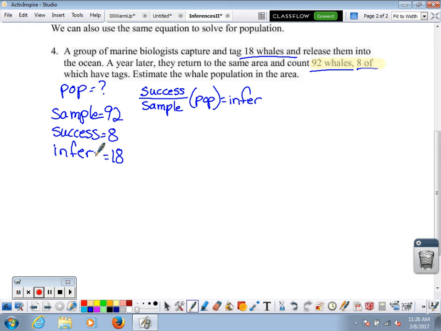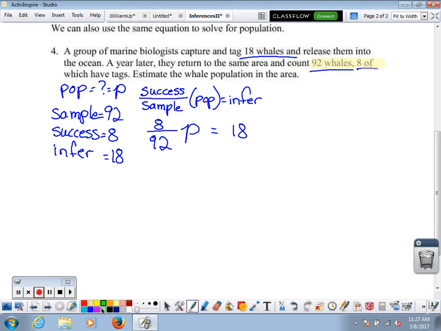So now we have everything figured out, we can sub them into the formula. So our success was that 8, our sample was 92, our population is what we're trying to find. So let's call that P for population. So 8 over 92 times P equals our inference of 18 whales.